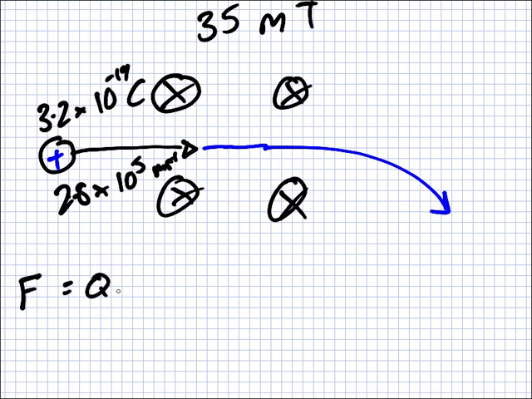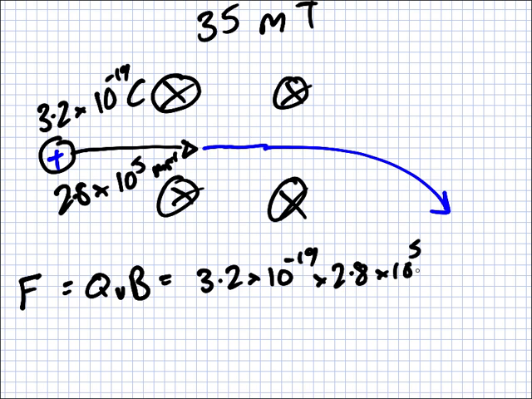The first question is what is the force? And the force is QVB, which will be 3.2 times 10 to the minus 19 times 2.8 times 10 to the 5 times 35 times 10 to the minus 3.